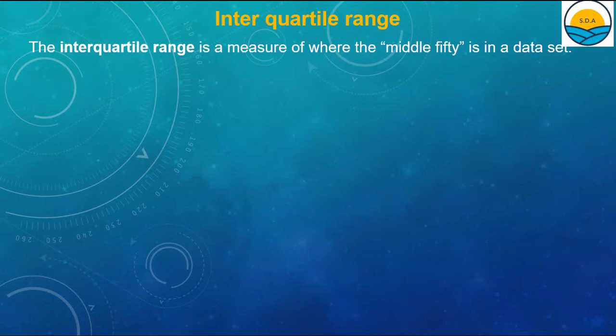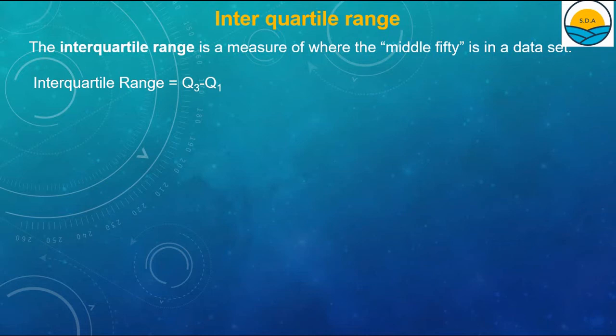So this represents the values between which 50% of your observations lie, or the middle 50% of your observations lies. The interquartile range is calculated as Q3, third quartile, minus Q1, the first quartile.